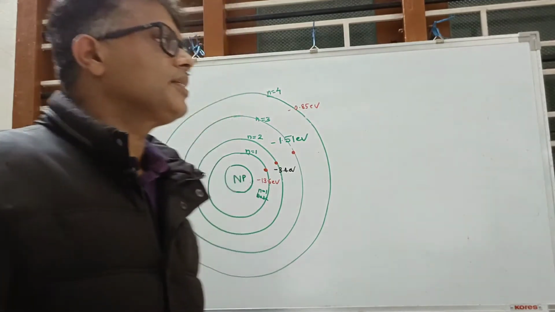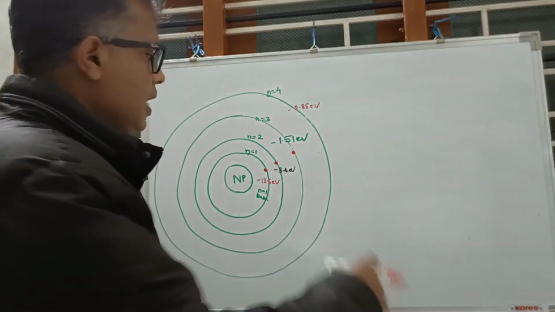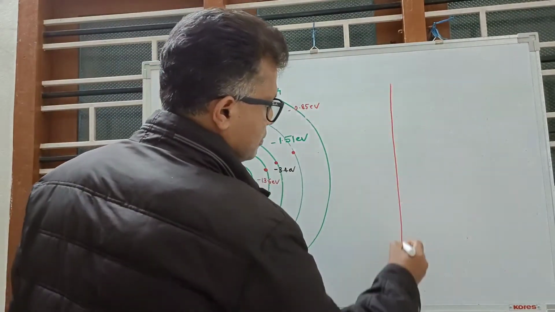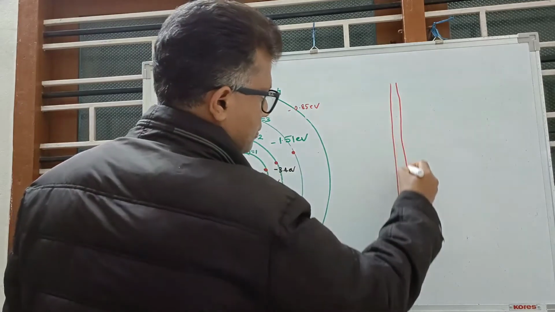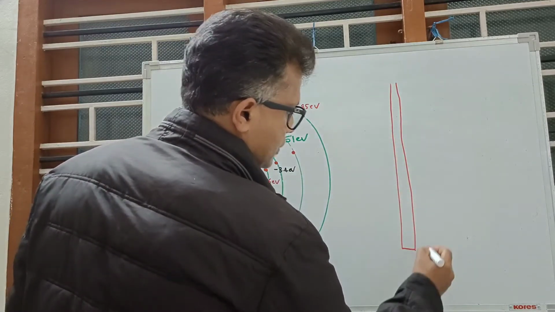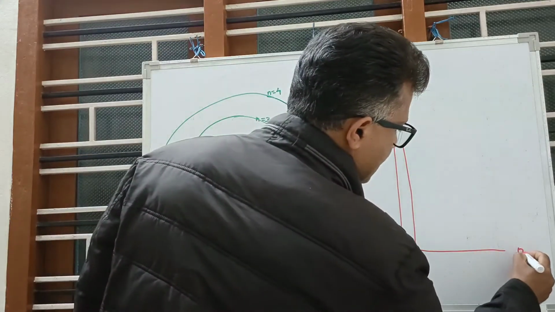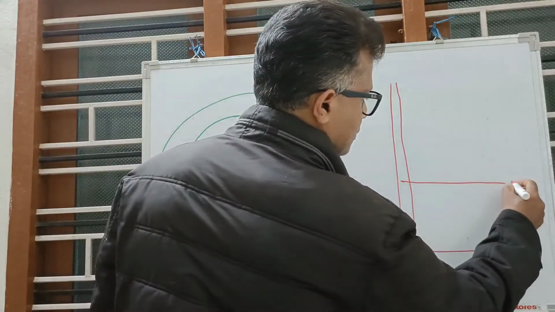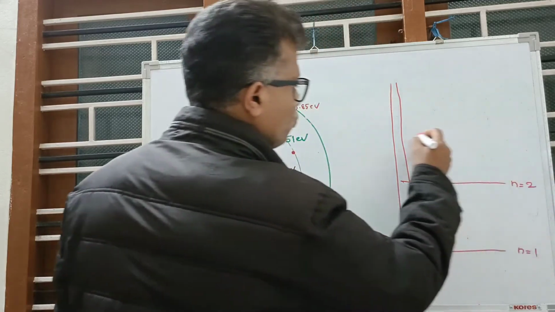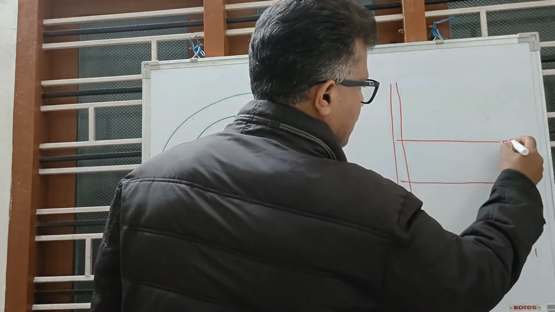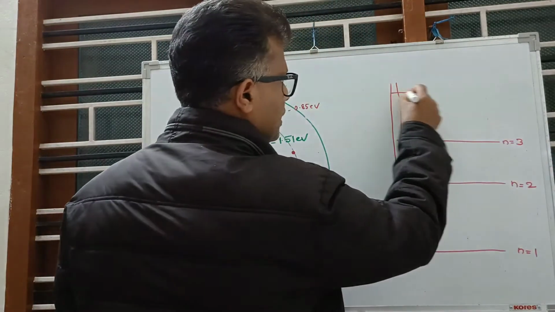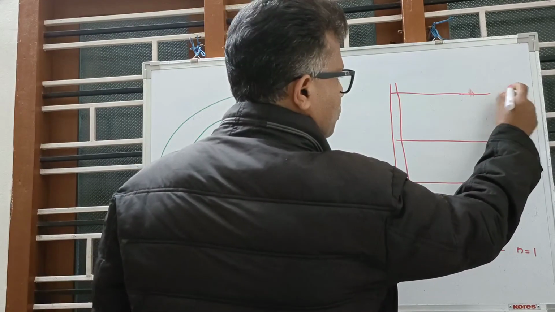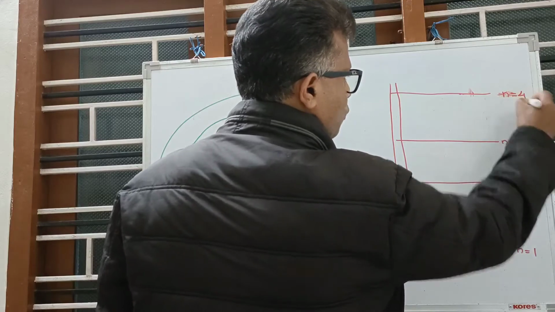Clear, no? We'll go a little more into that one. I'm just drawing another line here. This one is n is equal to 1, this one n is equal to 2, n is equal to 3, n is equal to 4.